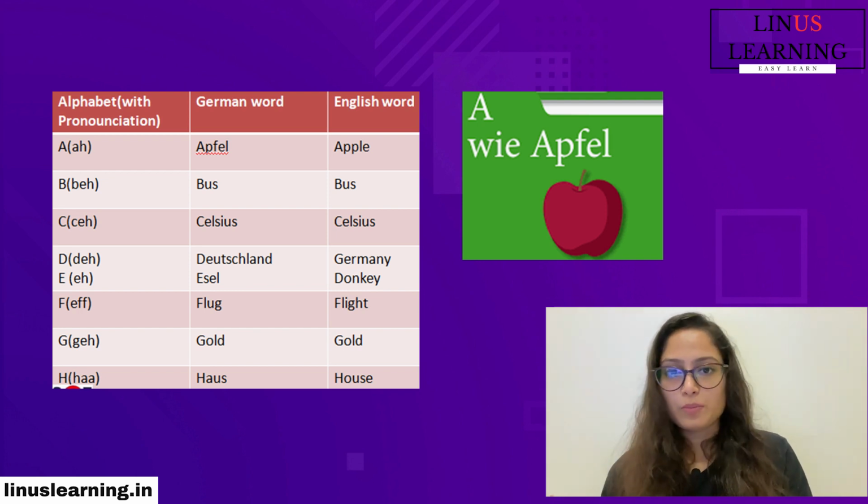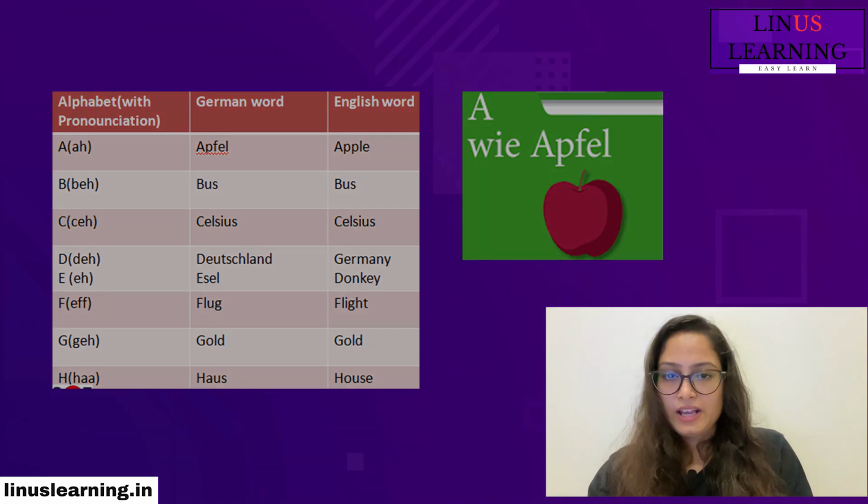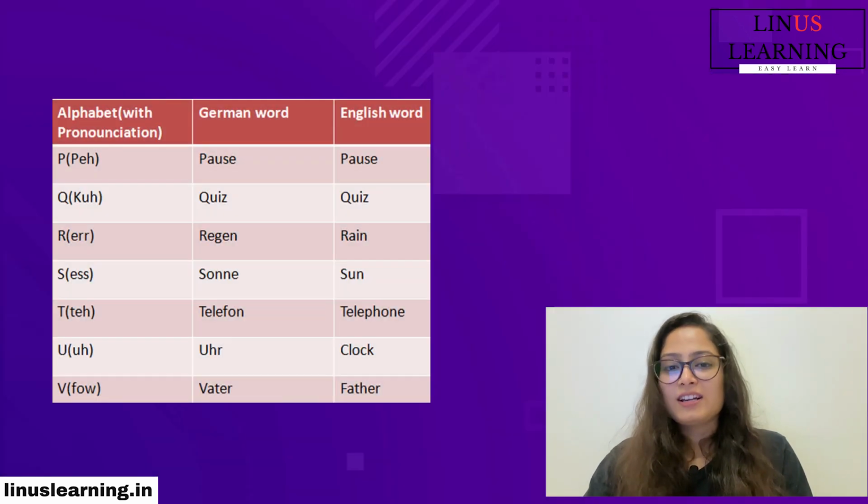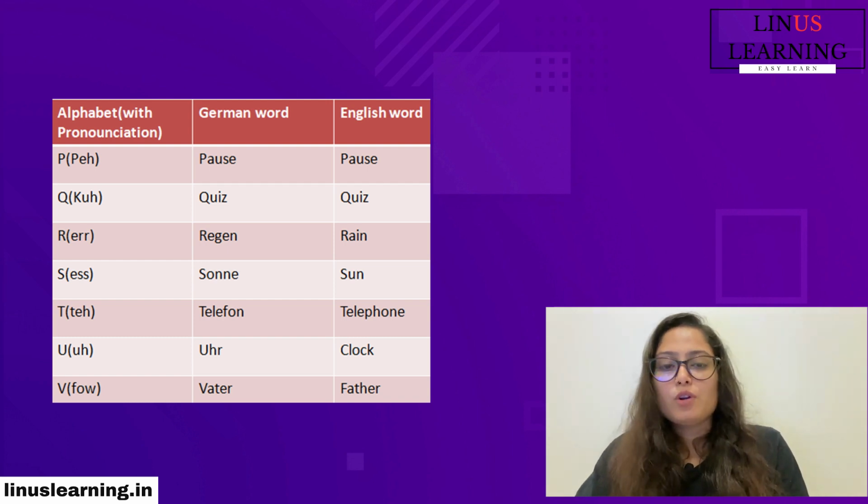Okay, let's take from the beginning quickly. A B C D E F G H I J K L M N O P Q R S T. Okay, now the next four.